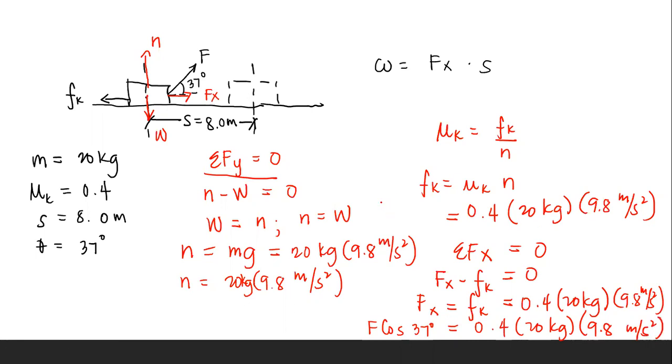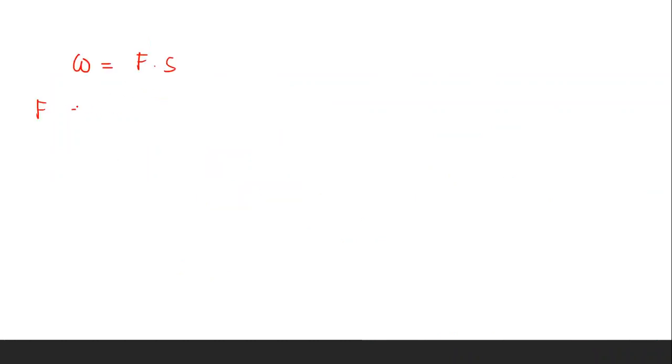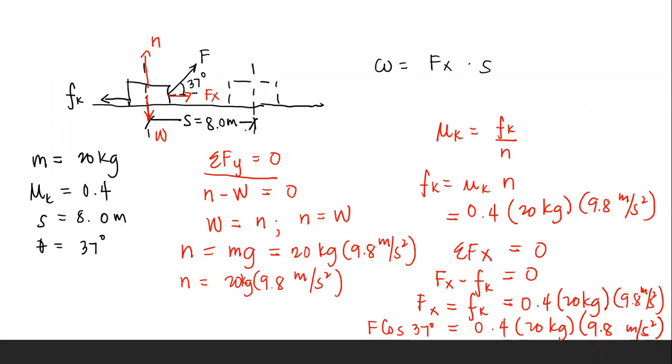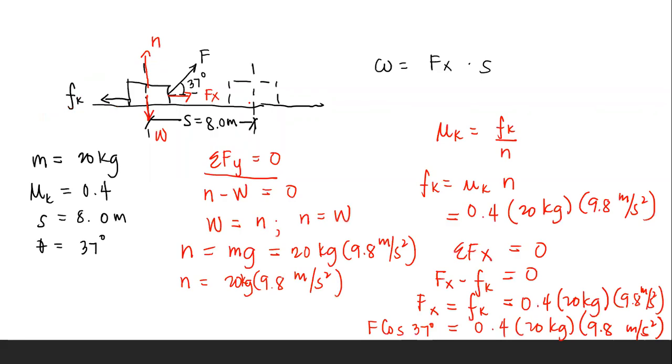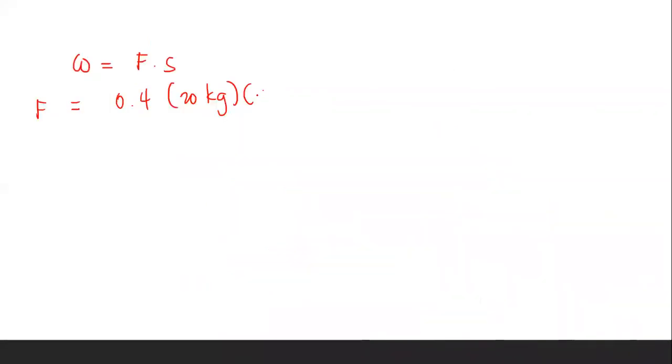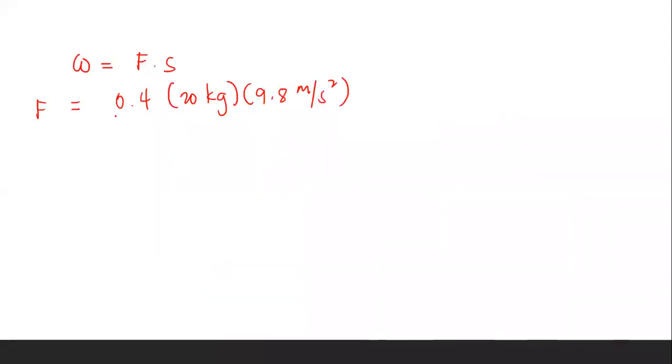Okay, therefore, the work now is equal to F times S. But your F, from the given equation here, is equal to 0.4 times 20 kilogram times 9.8 meter per second squared divided by cosine 37 degrees.